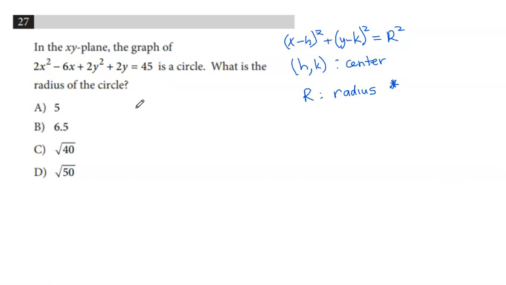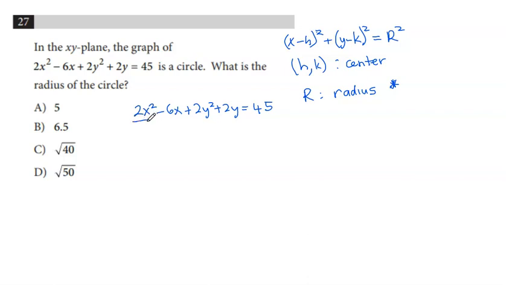Let's write out our equation. 2x squared minus 6x plus 2y squared plus 2y is equal to 45. Right? So the first thing I'll do is try and simplify this equation by dividing the equation by 2. When you divide the equation by 2, the 2 will divide each term.